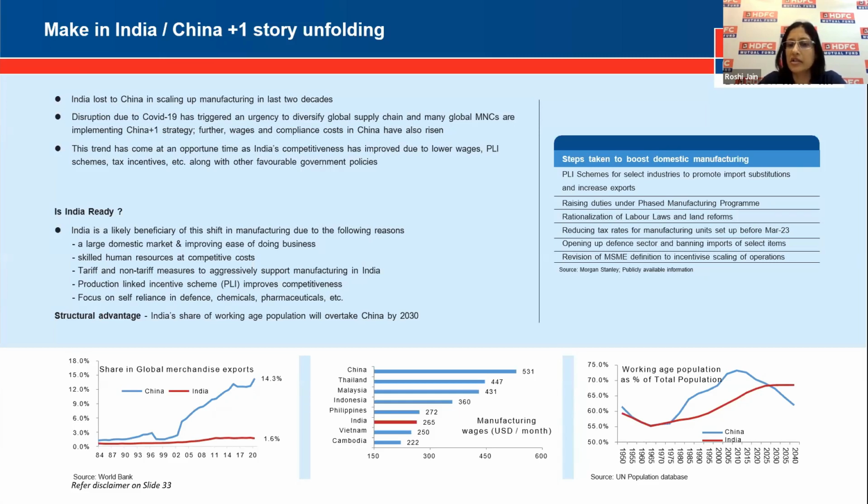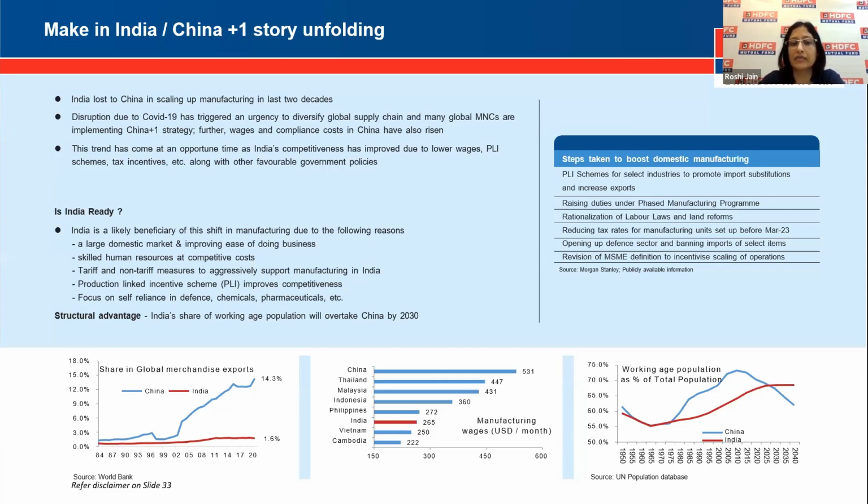And I think that has triggered global MNCs to diversify global supply chains away from China, which is the China plus one that we are talking about. And while there may be other countries that will also compete for this opportunity, Mexico, Bangladesh, Vietnam, for example, India also will be one of the beneficiaries of this shift out of supply chain from China.